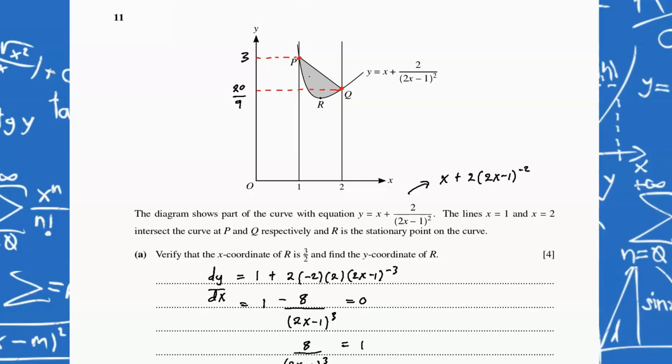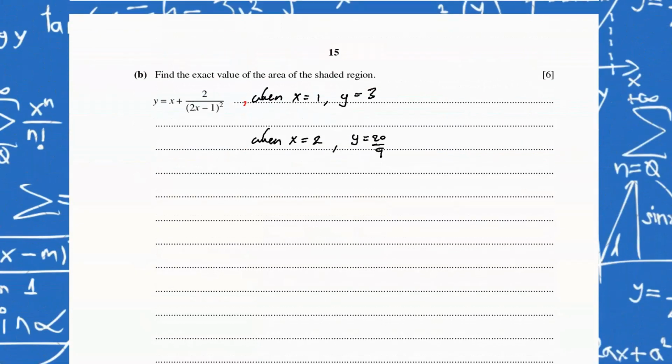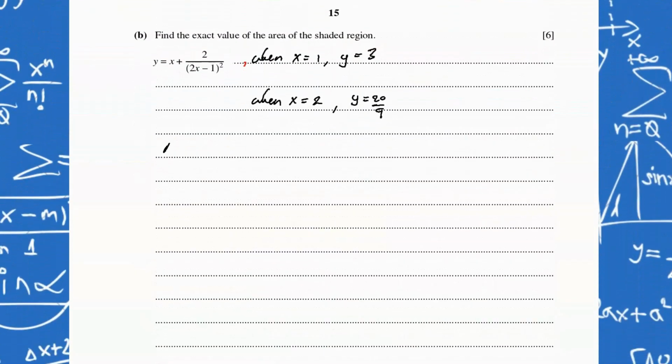So we can now find the area of the trapezium. I'm saying here the shaded area is equal to the area of the trapezium minus the area under the curve. The area of the trapezium is half of the sum of parallel sides.